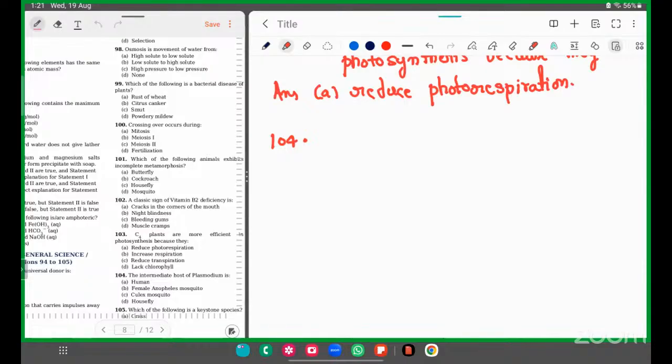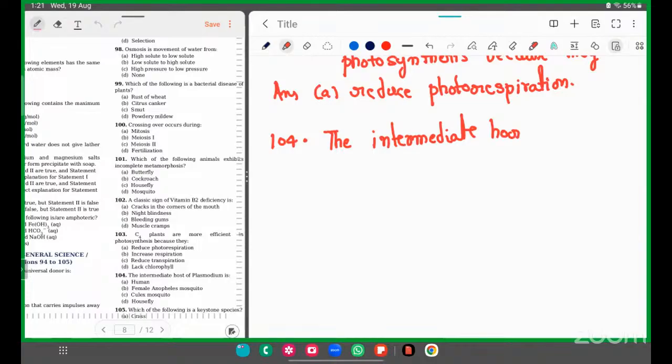Question number 104. The intermediate host of plasmodium is.